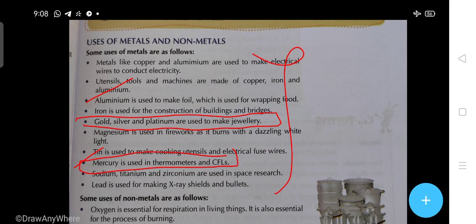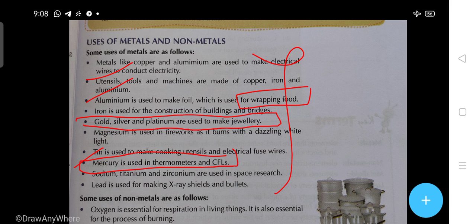Aluminum is used to make foil, which is used for wrapping food. Utensils, tools and machines are made of copper, iron and aluminum, because if you make utensils of metals, heat can be conducted by those metals, so food can be cooked very easily using utensils made of what?